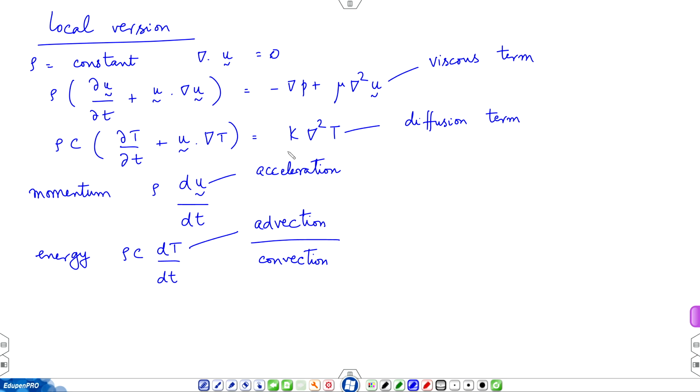And because it is multiplied by thermal conductivity, it is also called the conduction term. So, the energy equation that is written here is called the advection diffusion equation. You have the same form for momentum also, except that mathematically it is more complicated.